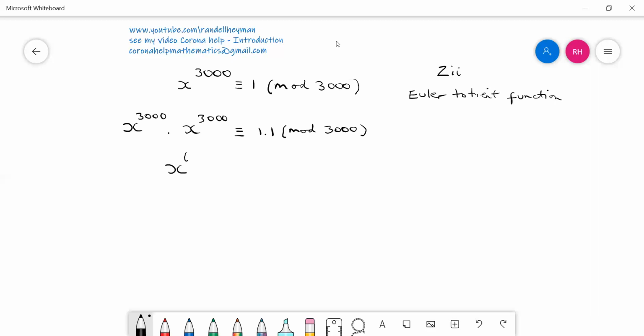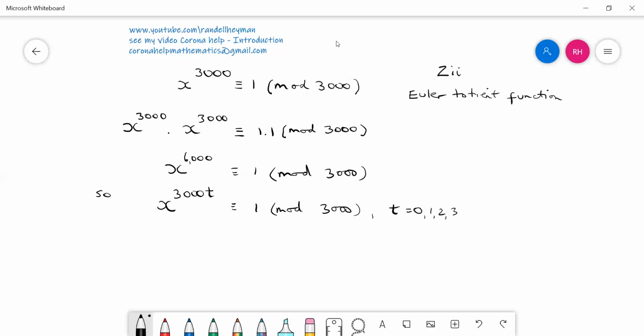So this becomes x to the 6000 is equivalent to 1 mod 3000. And I could keep doing this: x to the 9000 is equivalent to 1. So x to the 3000 times t is equivalent to 1 modulo 3000, and here t can be 0, 1, 2, 3, etc.